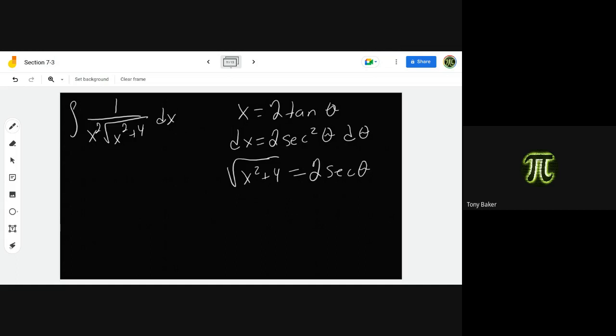Your square root should simplify down into being 2 secant theta. They're not always exactly the same, so.